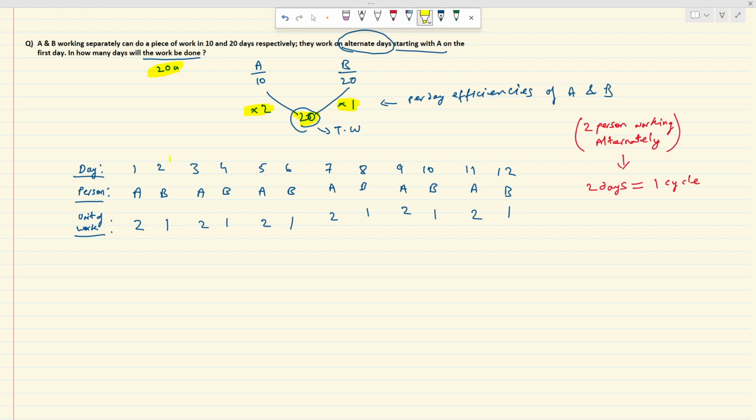This is one cycle, because A and B combined in those 2 days complete 2 plus 1, 3 units of work.